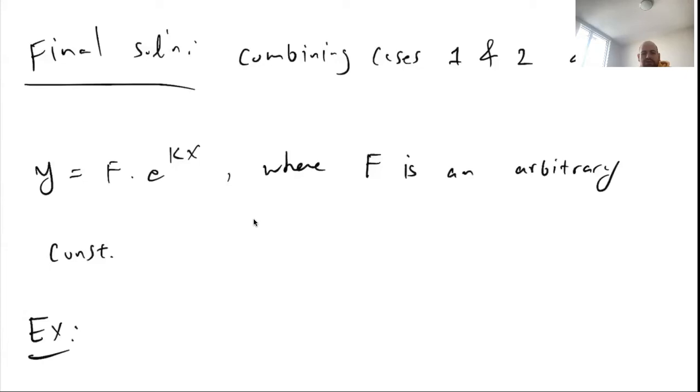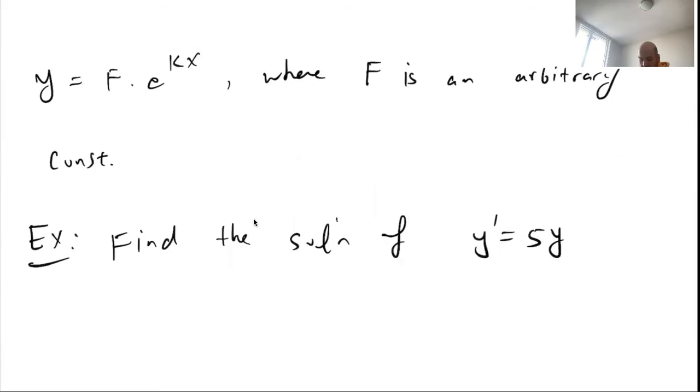Find the solution of, let's say, y prime equals 5y with y of 0 equals 2.